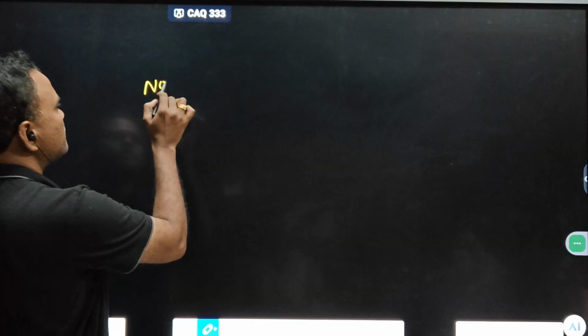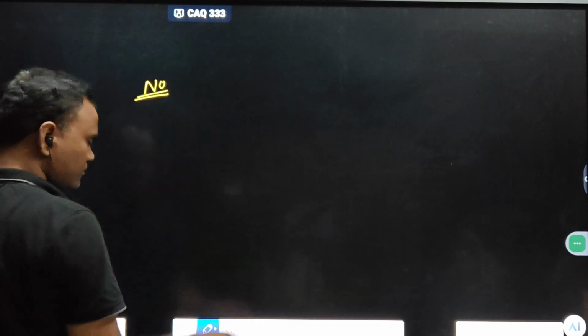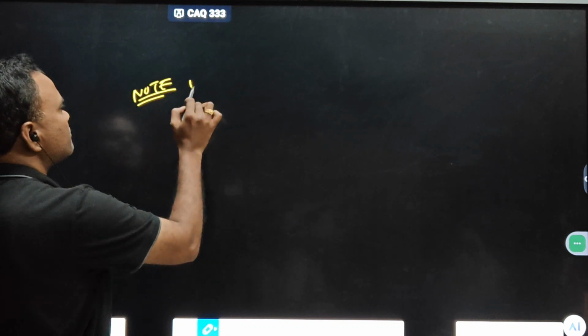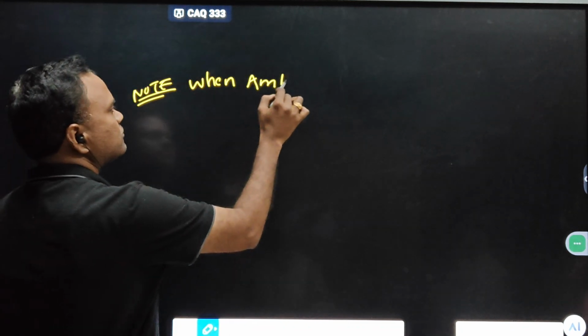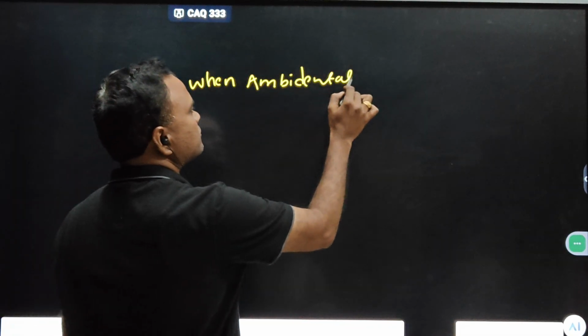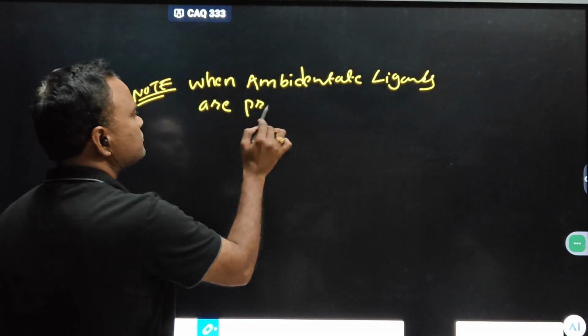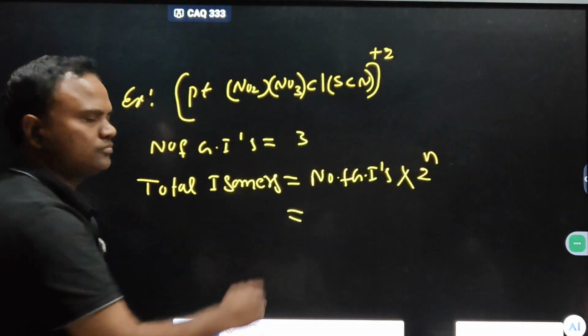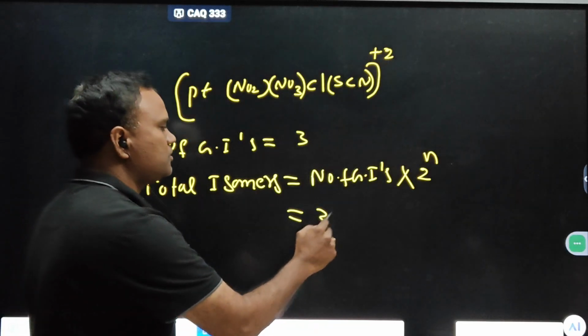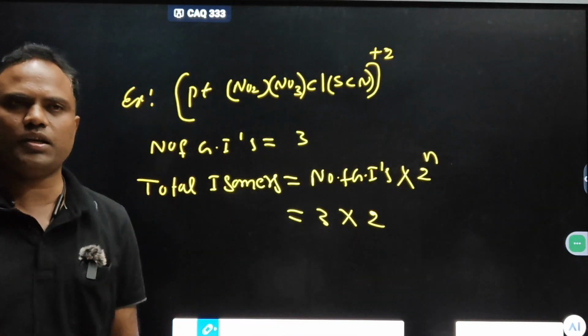Yesterday I gave one formula: when ambidentate ligands are present, how to find the number of isomers. Okay, keep the heading. Yesterday also I gave a very important number. When ambidentate ligands are present, tell me, number of GI are 3, 3 into 2 to the power, how many ambidentate ligands are present?